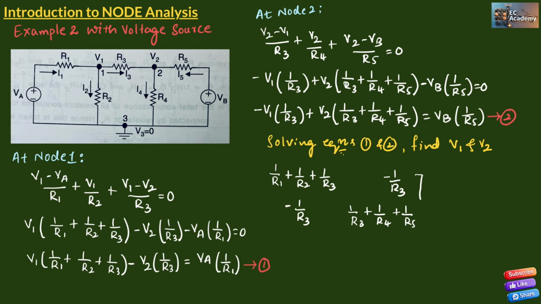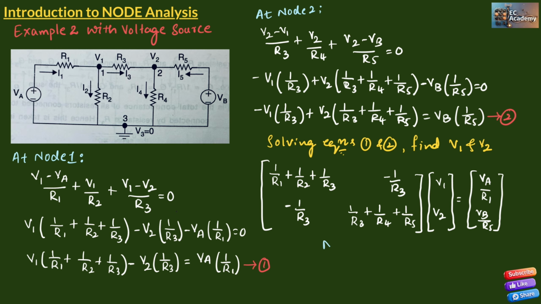That is multiplied with V1 and V2, and that will be equal to VA by R1 and VB by R5. So this is the matrix form of nodal equations.